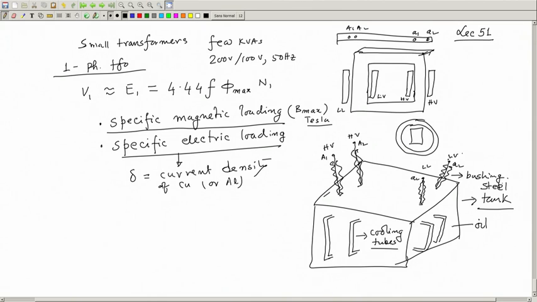Copper is better, because aluminum is brittle, large transformers are built with copper, nothing like aluminum. So, current density, and its value is, if I remember correctly, about 2.5 to maybe 3 ampere per millimeter square, where copper is used to make the coils, is it not.